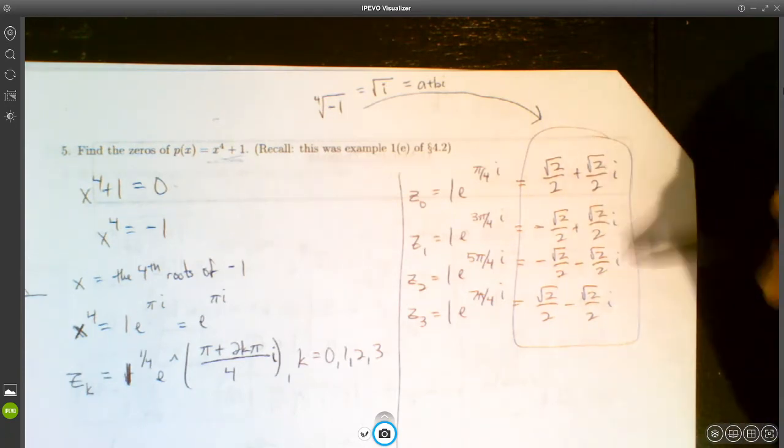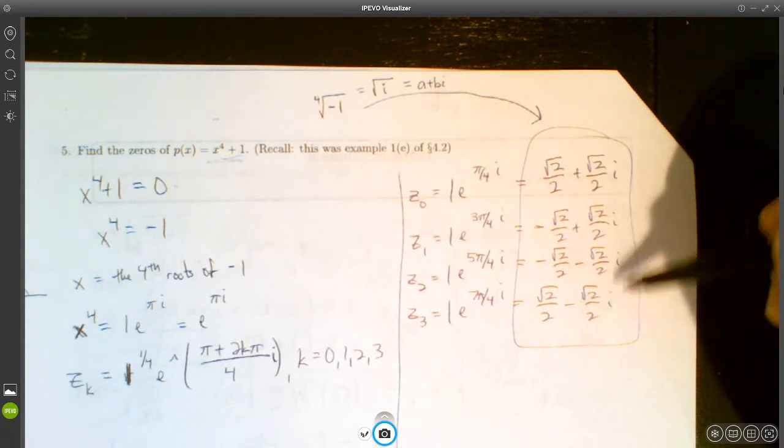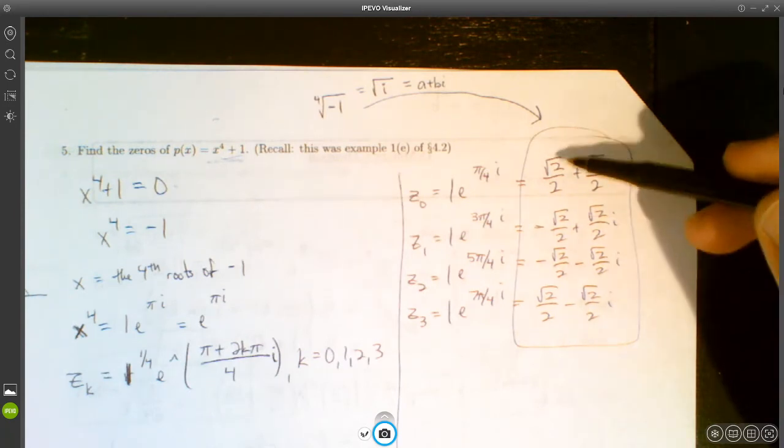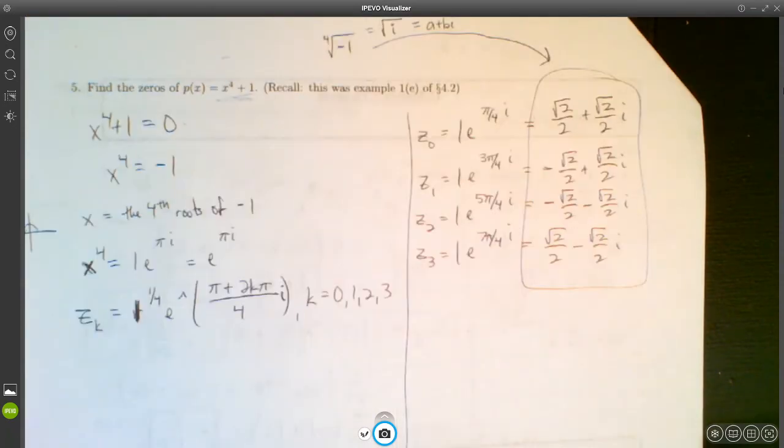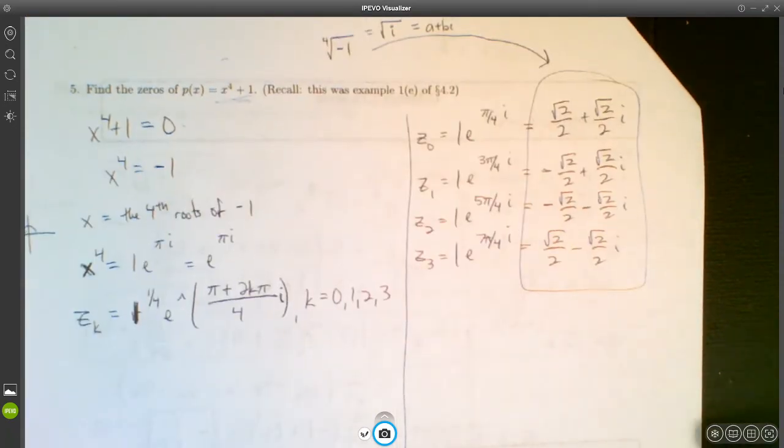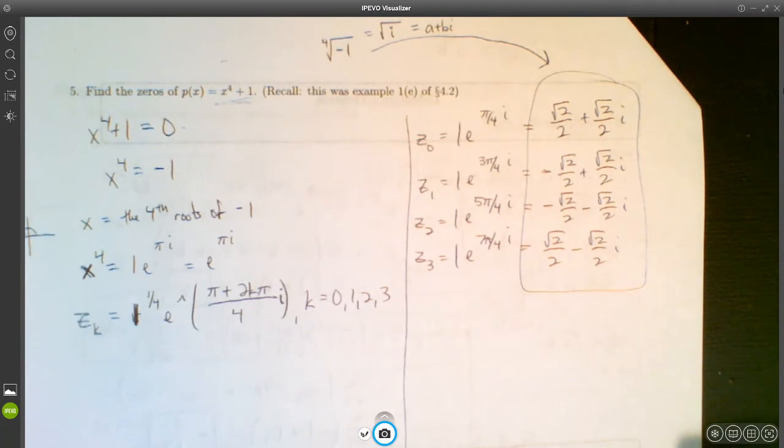But these are all complex numbers. Notice that we don't have square roots around the I or anything. These are all in the form a plus bi. So it's a really cool, really kind of an exciting result, I would say. And there you go. So these are the zeros.